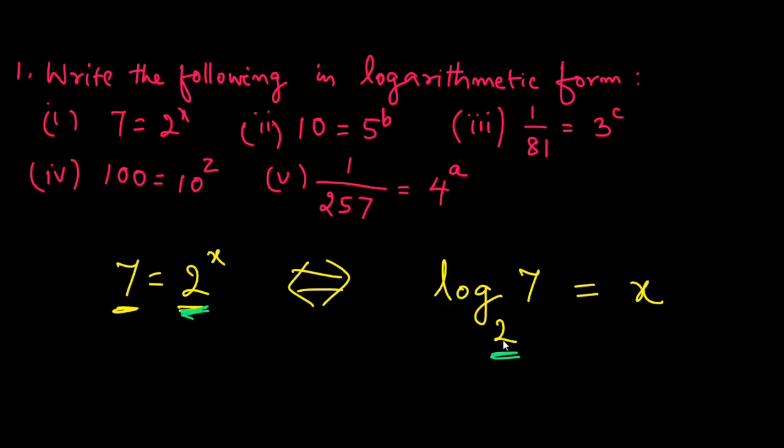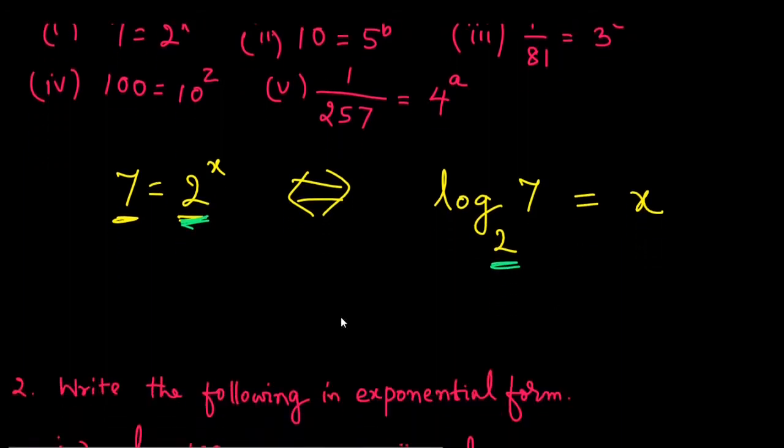Log of 7 to the base 2 is equal to x. That means what should be the value of exponent to which 2 should be raised to get 7?